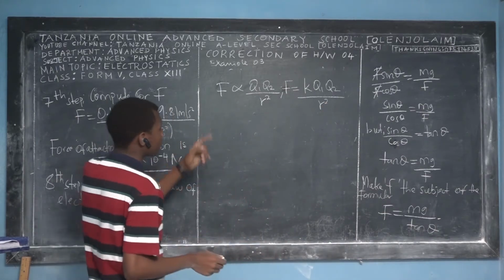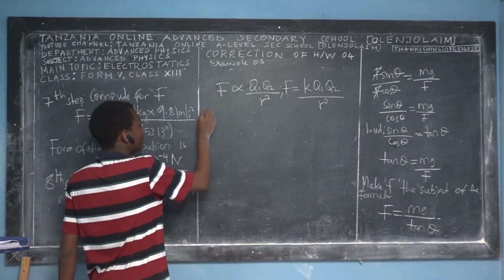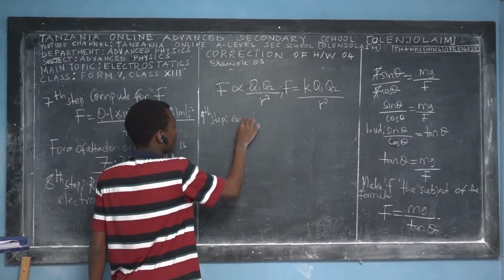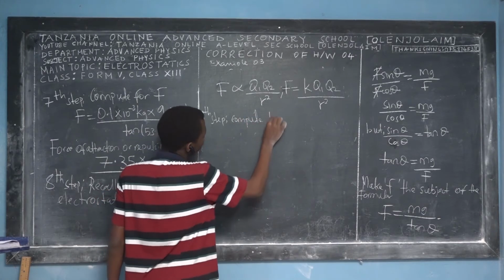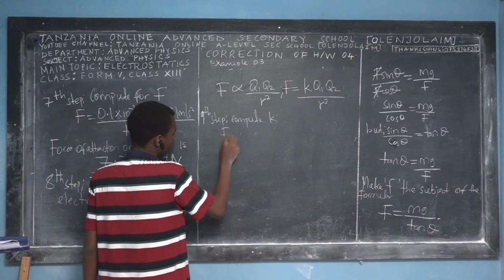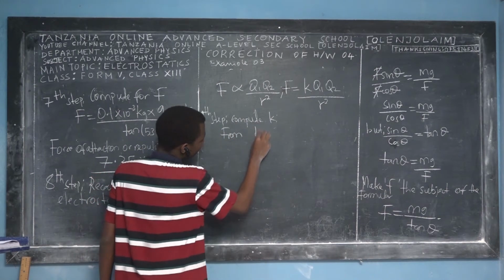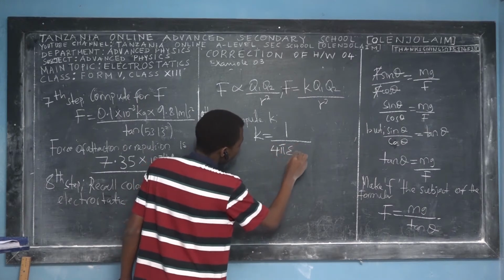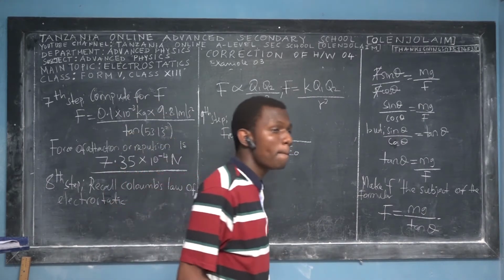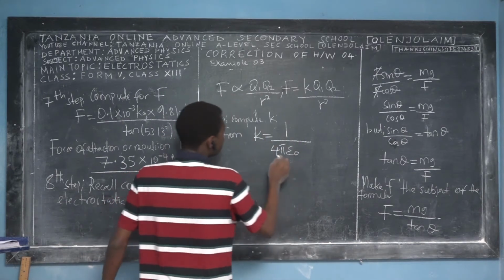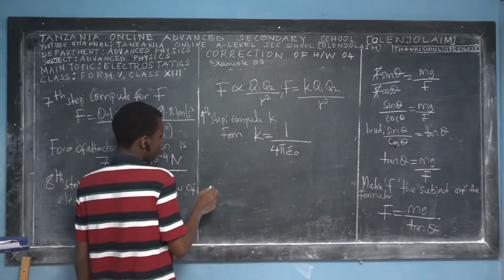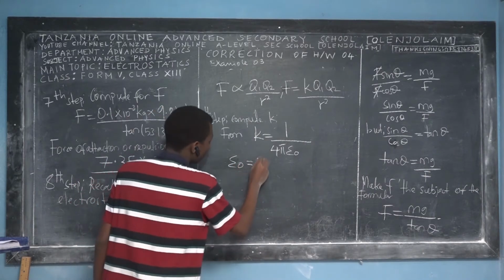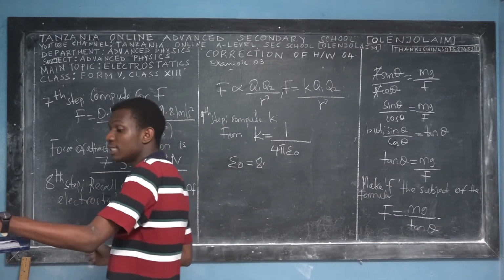So from here again we have to compute for the value of k. 9th step, compute k. We are told that k is equal to 1 over 4 pi times epsilon 0. So the value of epsilon 0 is the constant.